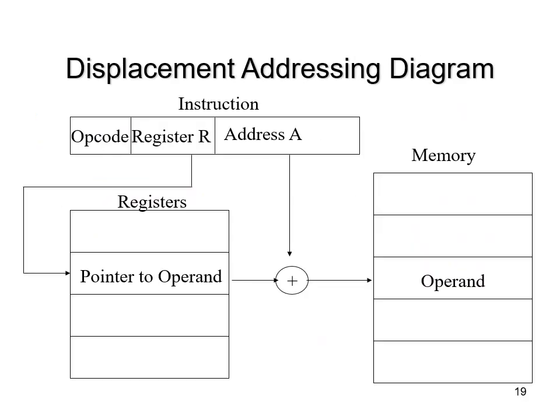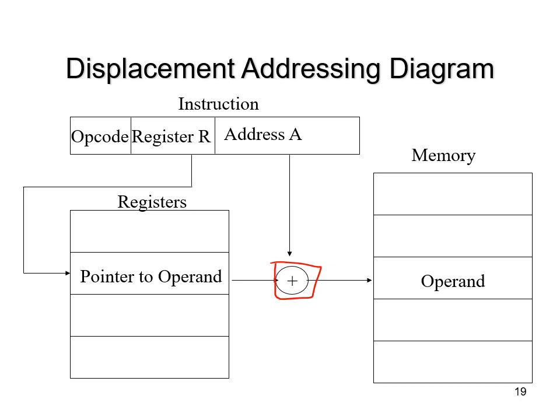Now this diagram shows you the displacement addressing mode. You can see that the operand is divided into two halves. The register shows you a pointer, and the address A. They are going to perform an addition before accessing the correct data in the memory.